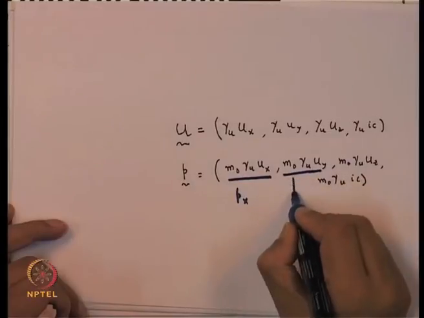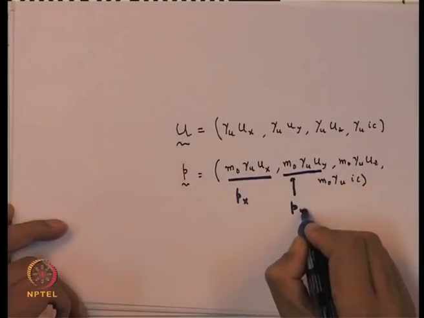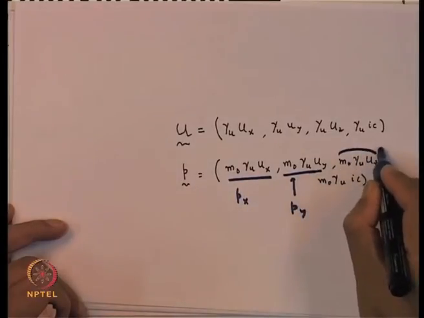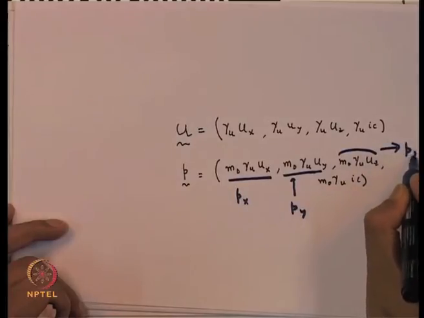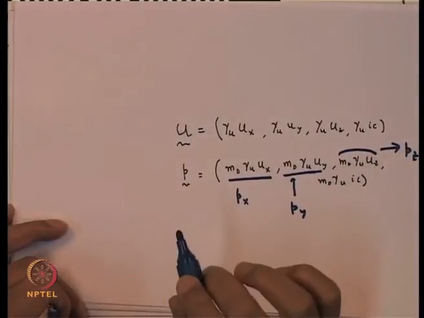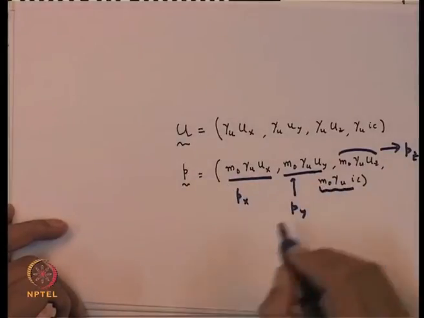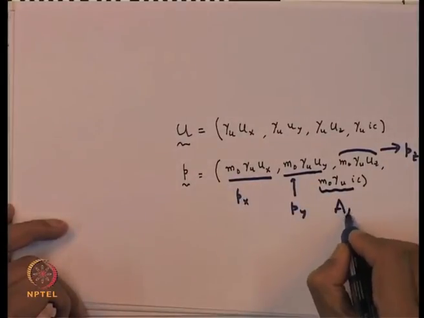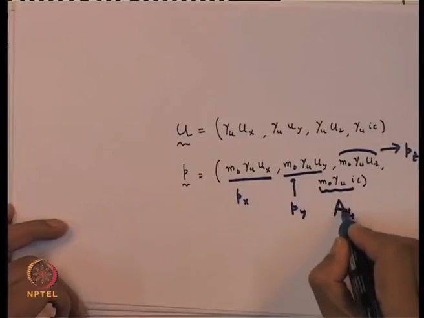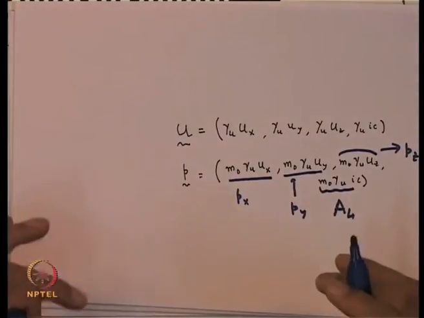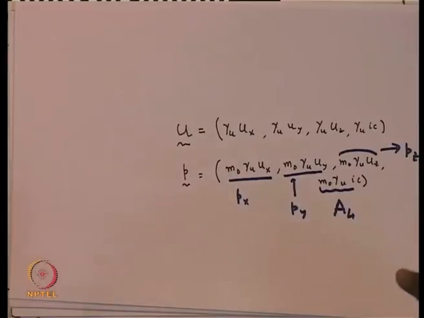This quantity I will call py, this quantity I will call pz, and this fourth quantity, at the moment we have to find out what it is.